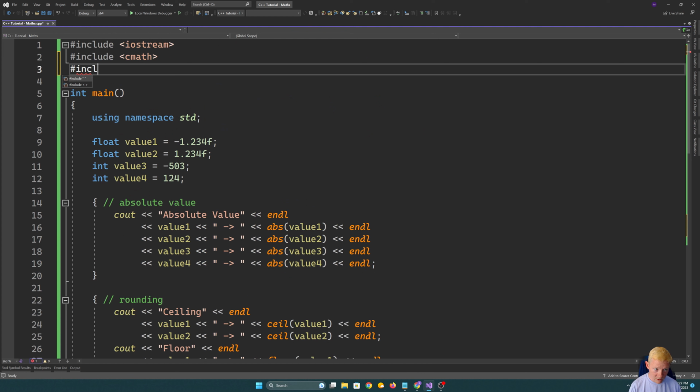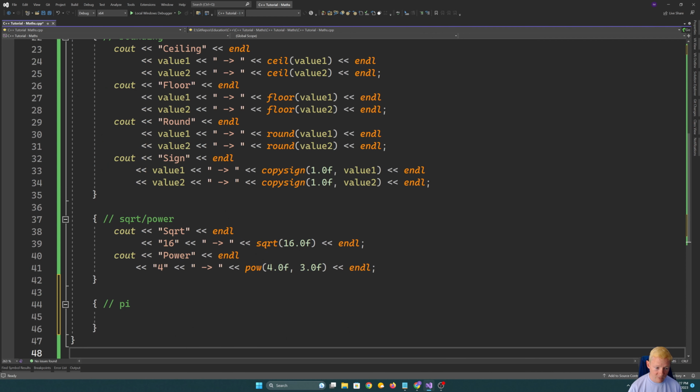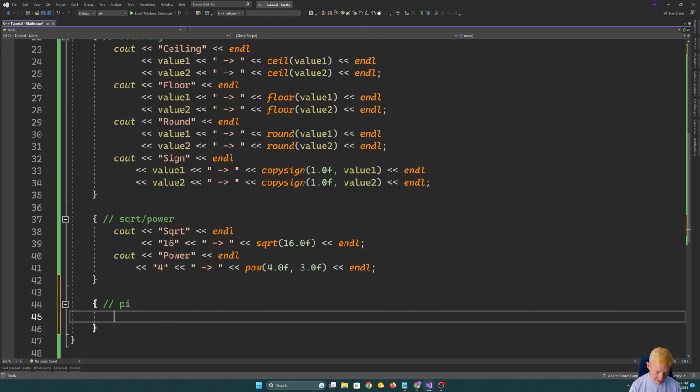So what we can now actually do is include the numbers header file. So it's in this numbers header file. And then what we have access to is this for pi.